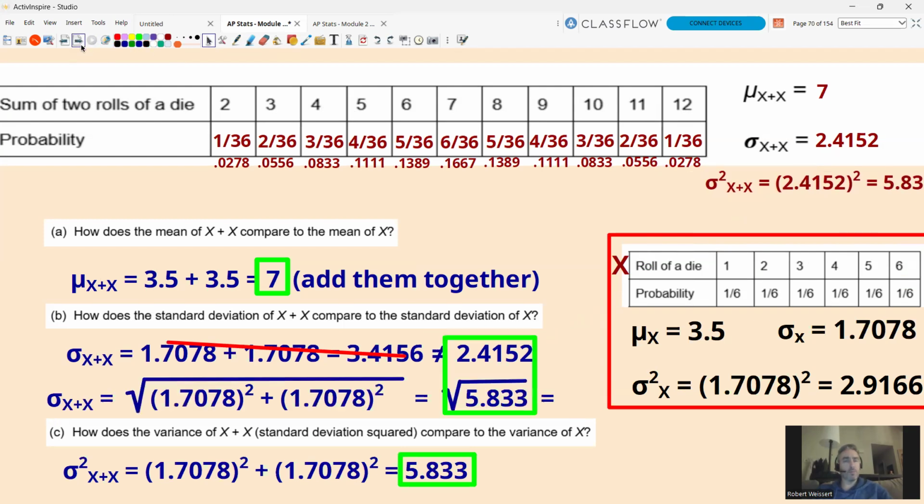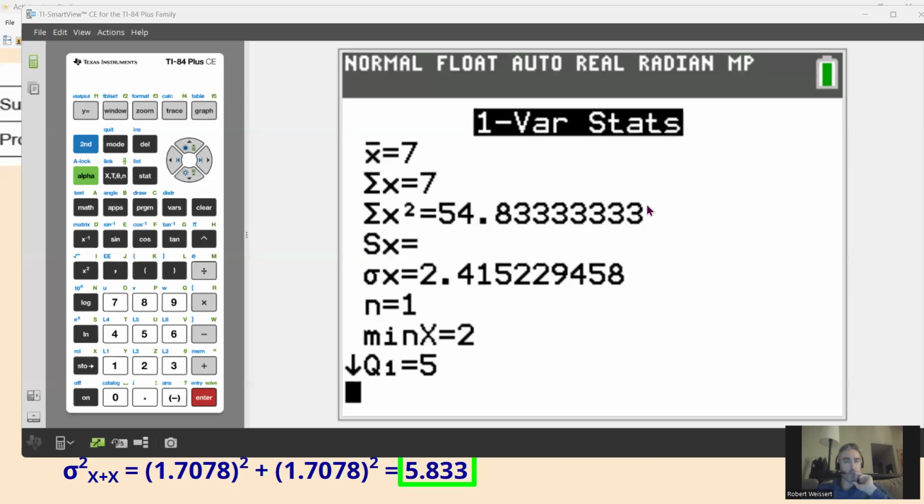So that means that if I square root that, I'll end up getting the standard deviation. It's interesting how that works. Again, looking at my calculator, the standard deviation for the combined sum was 2.4152.